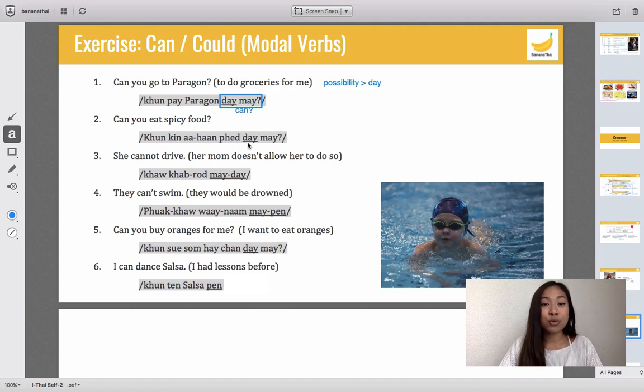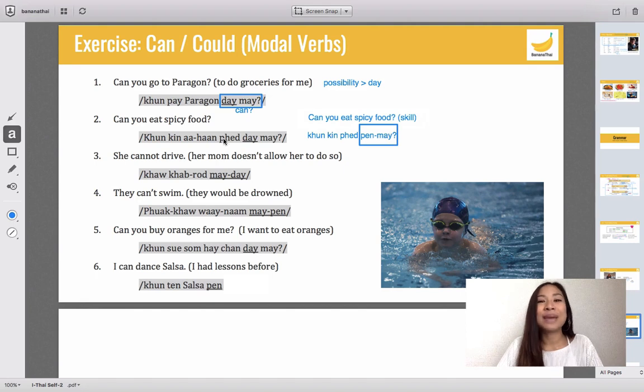Somebody might ask you คุณกินเผ็ดเป็นไหม, which is actually more common, because Thai people think that eating some specific thing is a skill. So you can ask either คุณกินเผ็ดเป็นไหม or คุณกินเผ็ดได้ไหม.